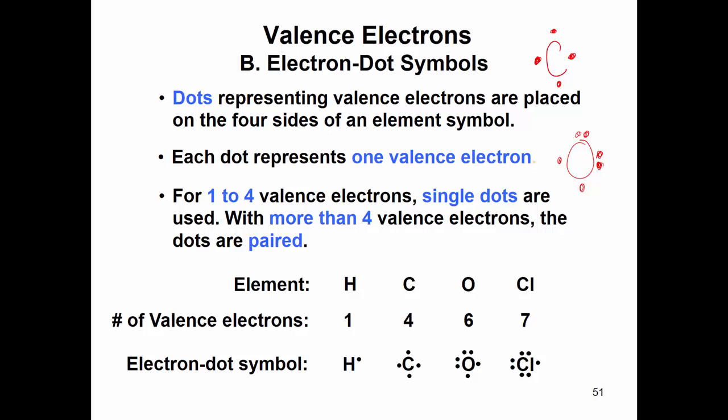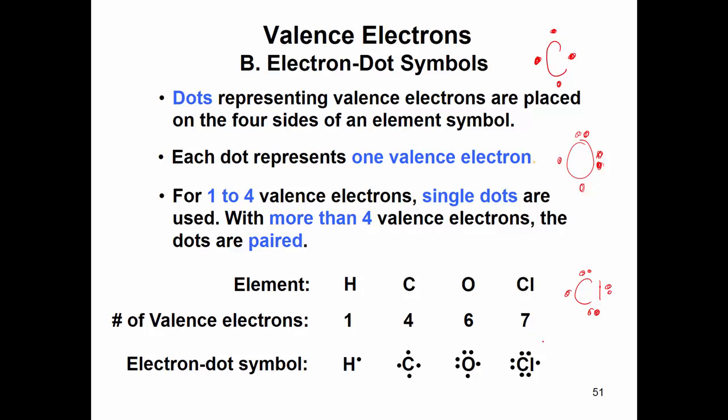This will be important later when we're trying to draw what are called Lewis structures, and that's why we do this in this format. So you only look at the valence electrons and then you place them around. So for chlorine, it has 7. So 1, 2, 3, 4, 5, 6, 7. So it just has that 1 electron that's not paired. So guess what?